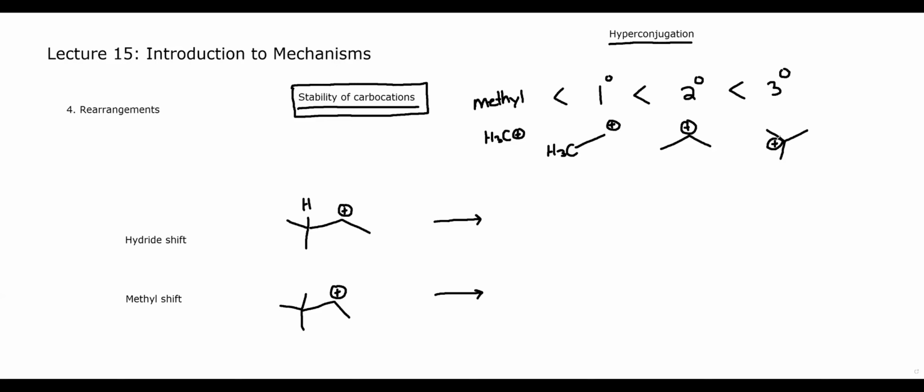Positive charge on a carbon, it's unstable. It wants to be neutral. This unstable positive charge is stabilized by neighboring bonds, typically CH bonds.